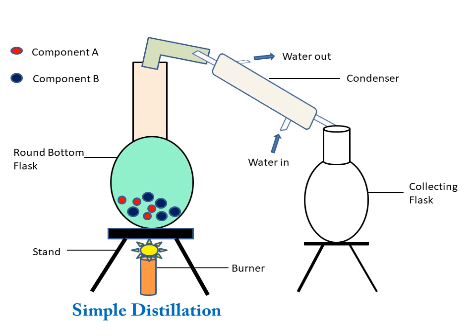The high boiling liquid I have shown with the bigger size, and the low boiling liquid with the small size, so that when we start heating, the low boiling liquid starts boiling at the low temperature only.